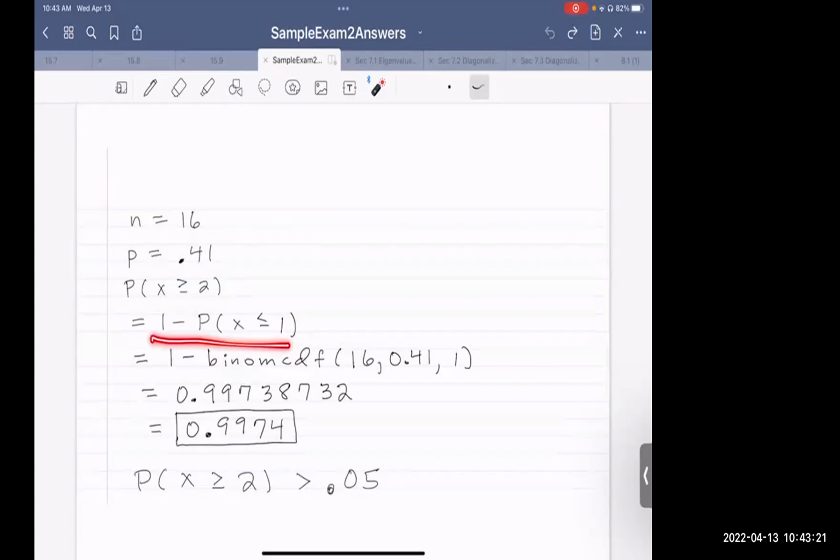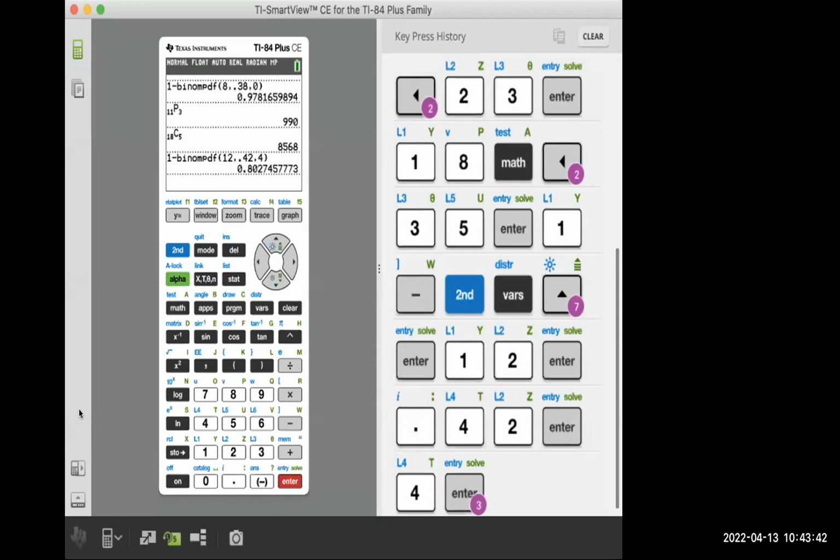And so I'll look at the complementary event, 1 minus the probability that x is less than or equal to 1. So I'll type in the command, 1 minus binomcdf(16, 0.41, 1) into the TI-83/84 calculator.